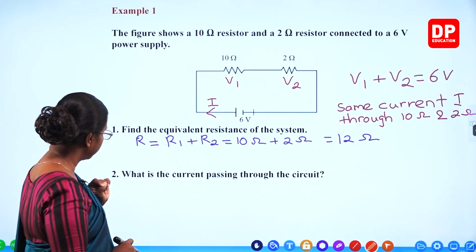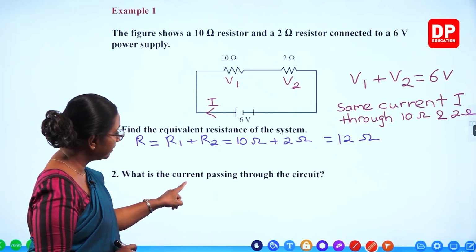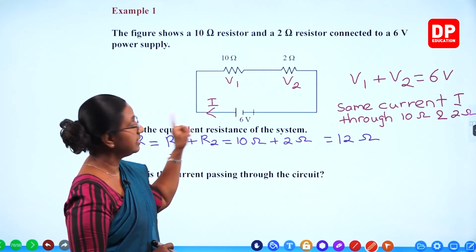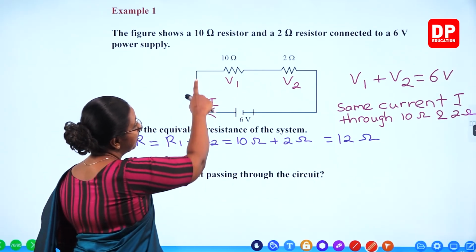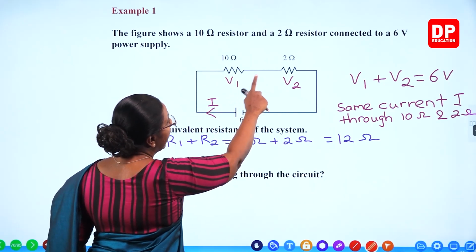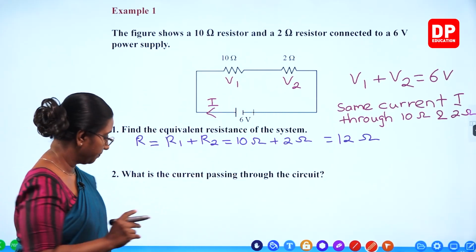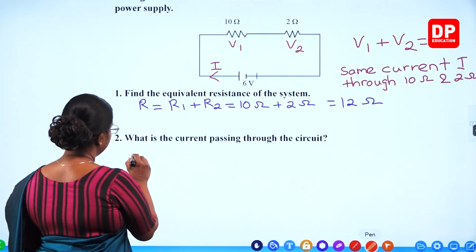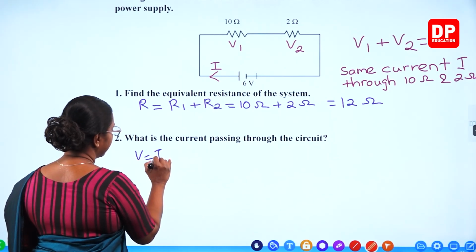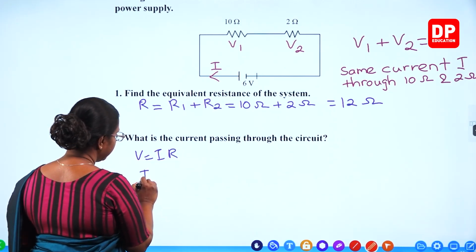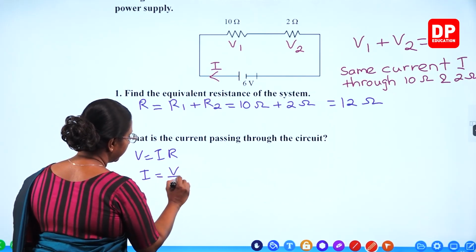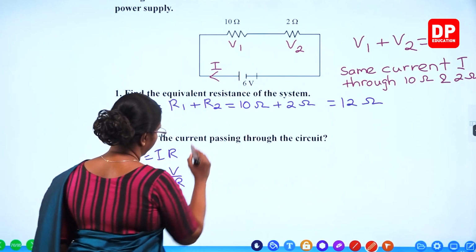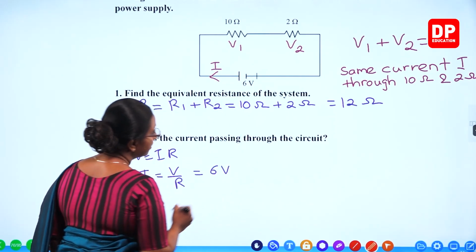Then the second question. What is the current passing through the circuit? The current passing through the circuit is I. The same current will pass through the 10 ohm resistor and the 2 ohm resistor as well. So if we calculate the current, V equals IR. So I is equal to V over R. What is the potential difference? 6 volts through the circuit.